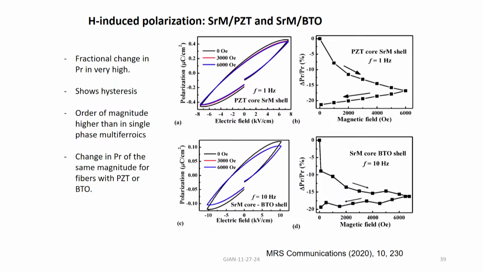Once again, the strength of the magnetoelectric interaction was evaluated through measurements of P versus E under H, and these magnitudes here are rather similar to what we saw for spinel ferrites, that is nickel ferrite or nickel zinc. So, the maximum value in this system is around 20%, either with PZT or barium titanate.